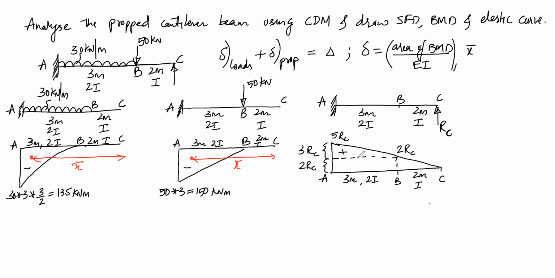And here, because we have divided this into different shapes, we have to consider centroidal distances respectively. This will be X bar for the triangular portion. This will be X bar for rectangular portion. And this will be X bar for the small triangular portion. So this has to be remembered.